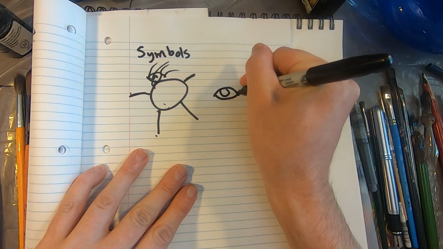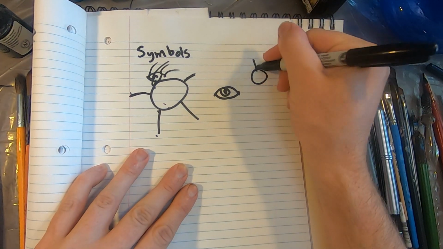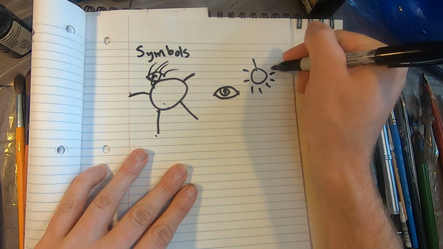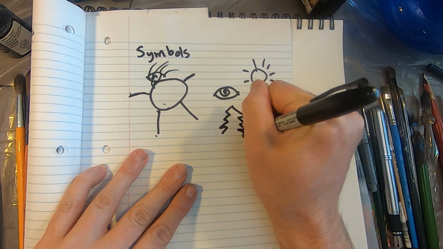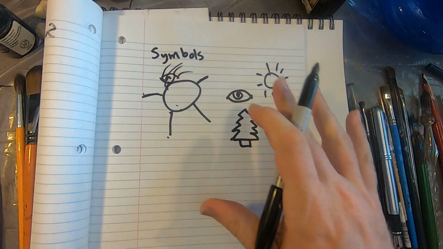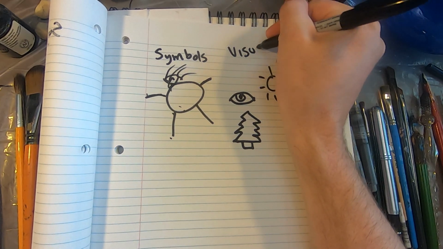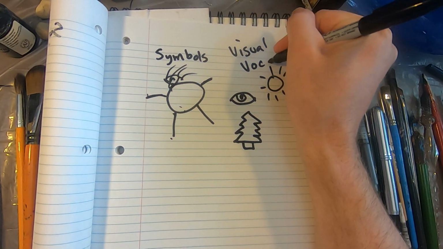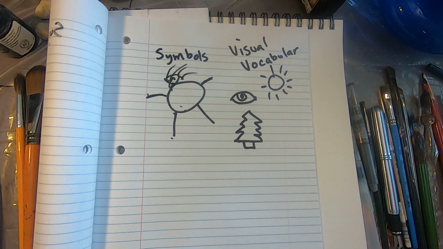When you see this, you can tell I'm trying to make an eye. When you see this, it's a sun. This is a tree. And this is our visual vocabulary that we have from growing up. We learn different symbols that signify certain things in our lives.